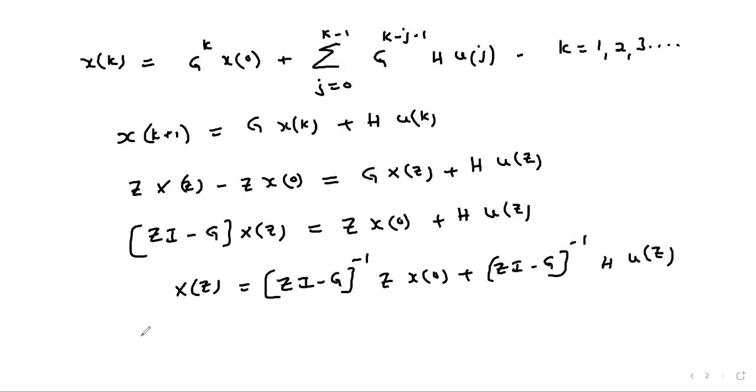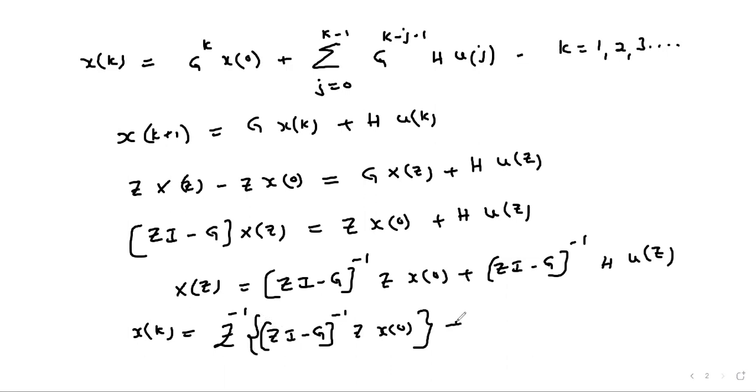If we take the inverse z transform of this equation, our x of k can be written as the inverse z transform of zI minus G inverse z x of 0 plus the inverse z transform of zI minus G inverse H U of z.